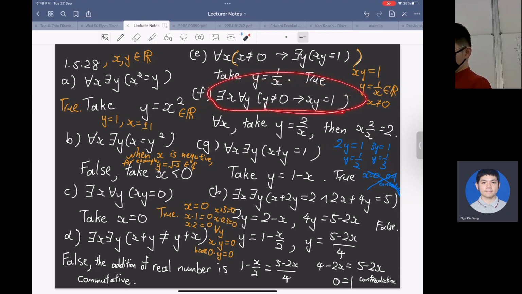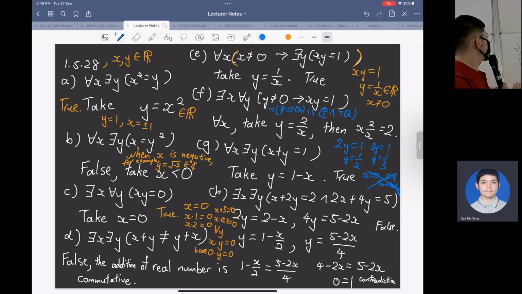To show that this is false, you need to show that for every x, there exists a y such that this is not true. You remember? Not (P implies Q) is P and not Q. This is the logical equivalence.